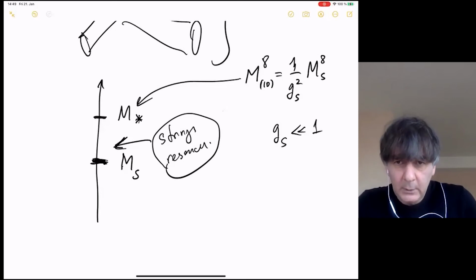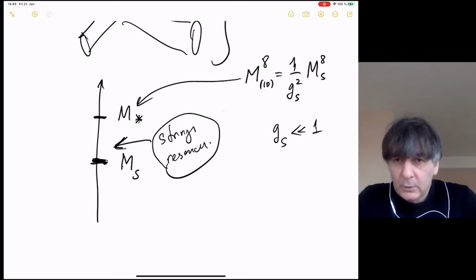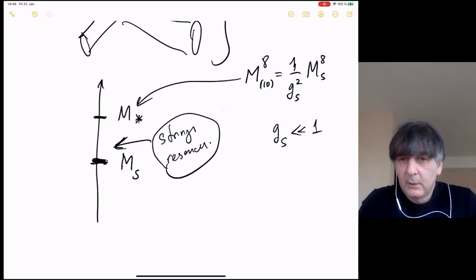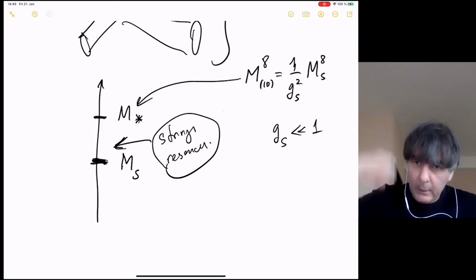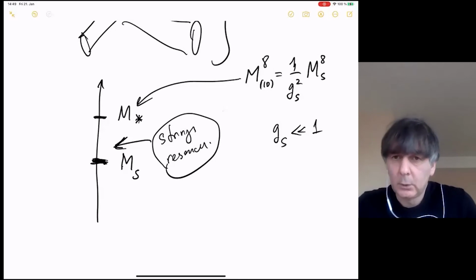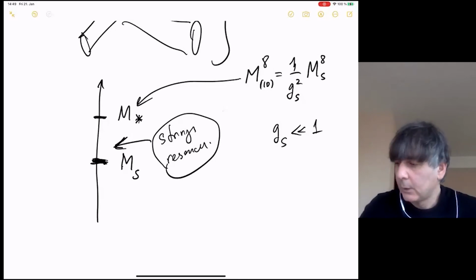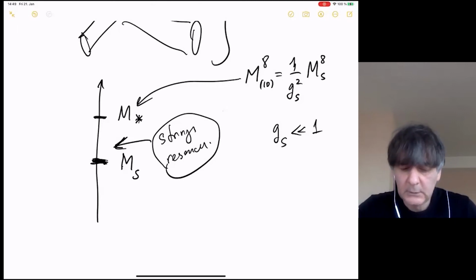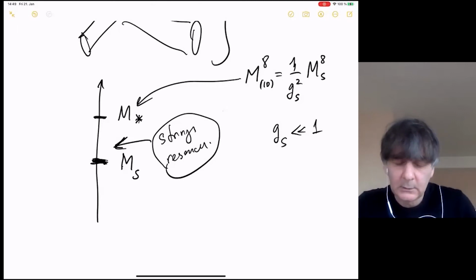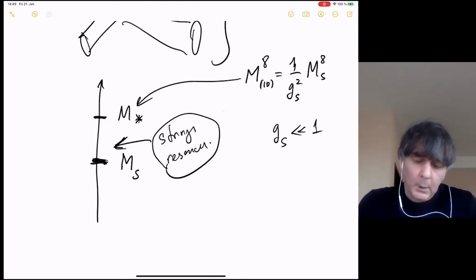They can be computed at weak coupling, because if string theory is weakly interacting around the string scale, string perturbation theory works. So there will be string resonances, the signal.